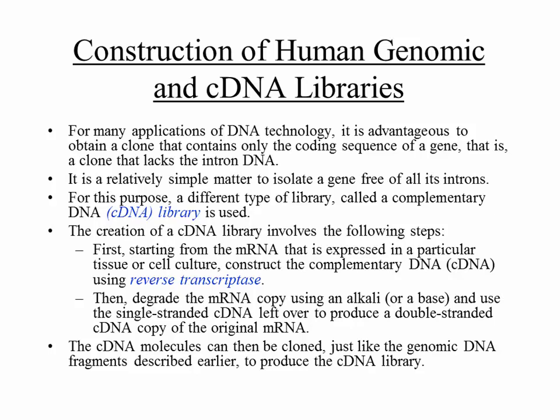Then you degrade the mRNA copy using an alkali or a base and use the single-stranded cDNA that is left over to produce a double-stranded cDNA copy of the original mRNA. Once you have one of the strands, you can make a complementary copy using DNA polymerase or some other procedure.